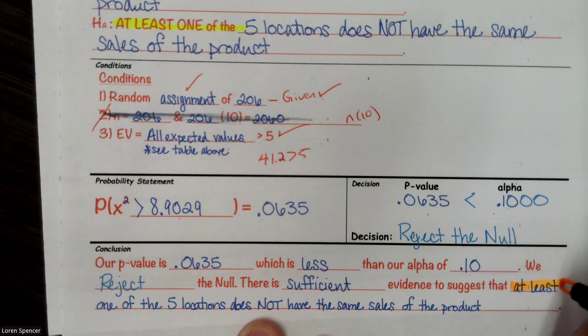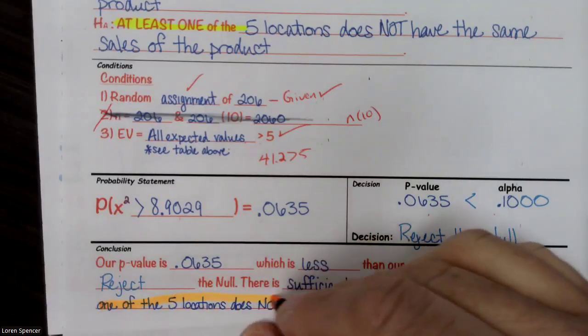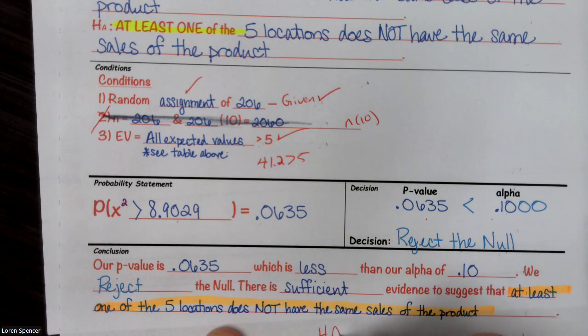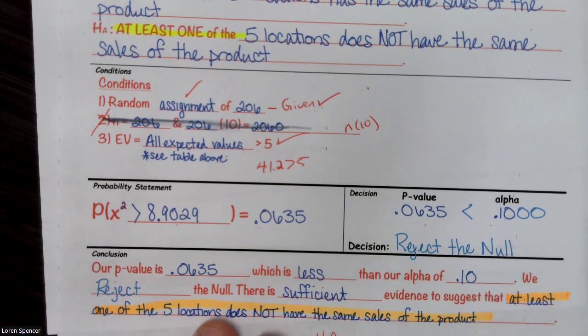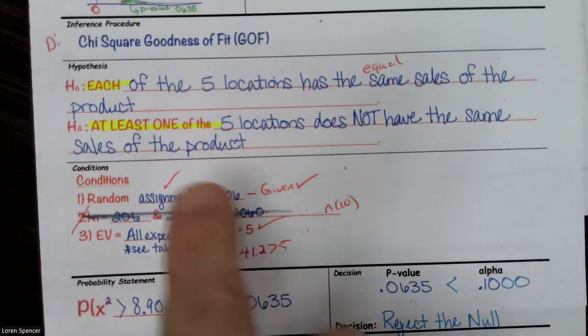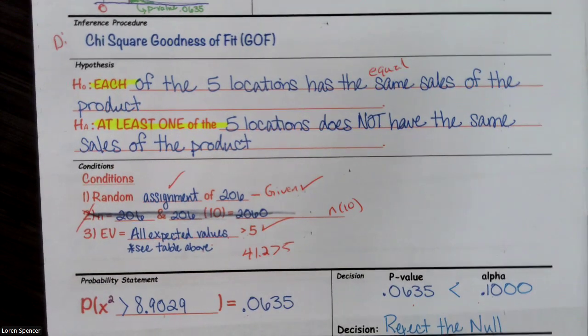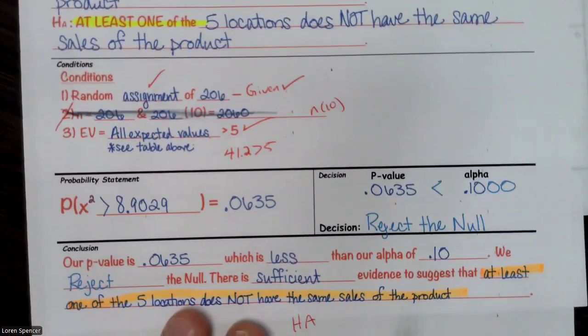Well, what is that? In the past, this has always been our alternative hypothesis. This has always been HA. So let's go look at HA. At least one of the 5 locations does not have the same sales of the product. This, once again, is still HA.